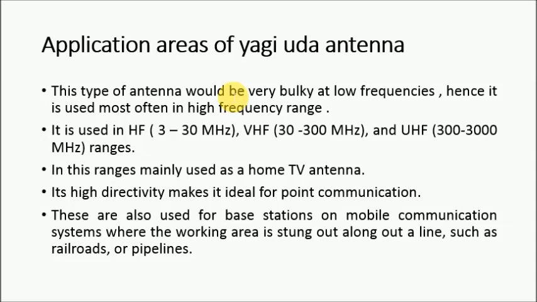It is usually used in HF, VHF and UHF ranges, which are mainly used in home TV antennas. Its high directivity makes it ideal for point-to-point communication. They are also used as base stations in mobile communication systems where the working area is out of line of sight, such as railroads or pipelines.